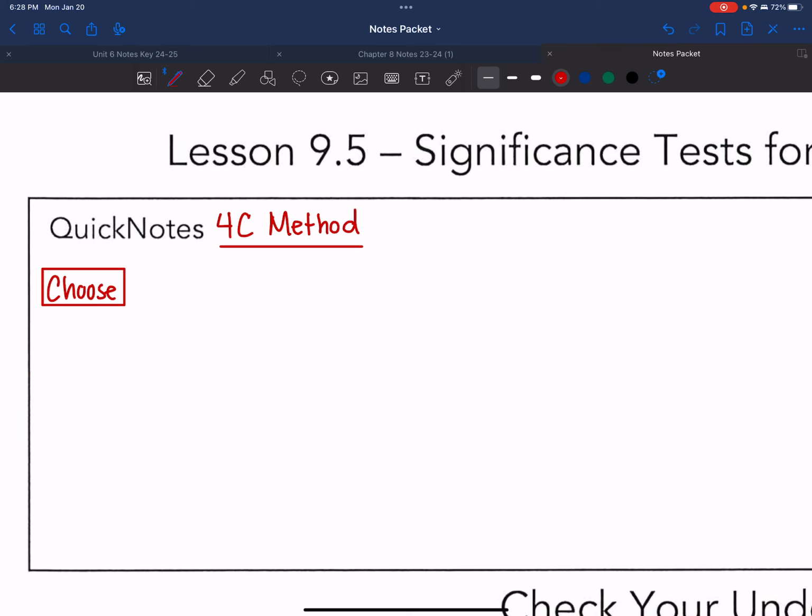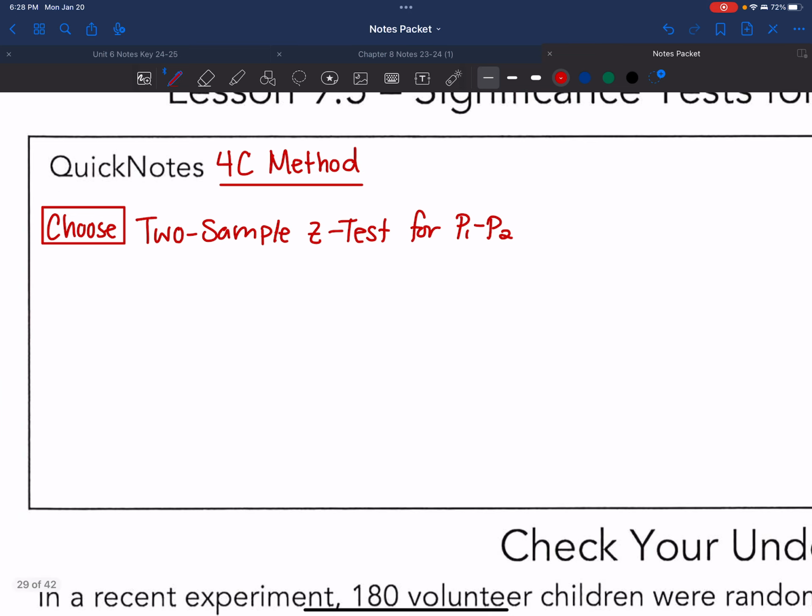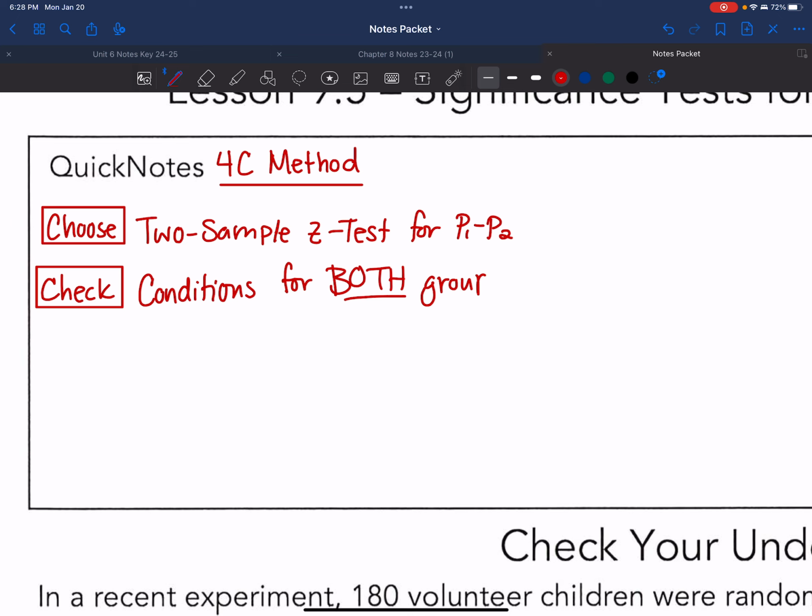The big thing is just the name. So since you're doing 2 samples, it would be a 2-sample z-test for p1 minus p2. In the check section, you have to do conditions for both groups.